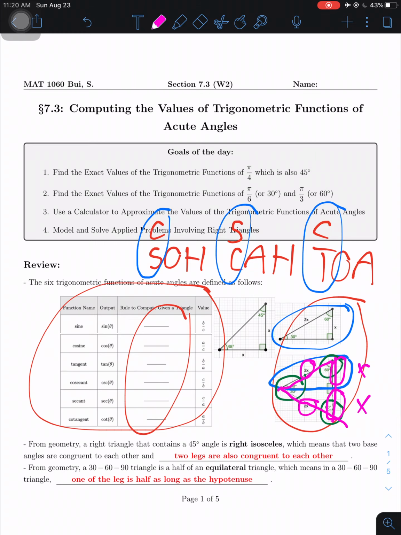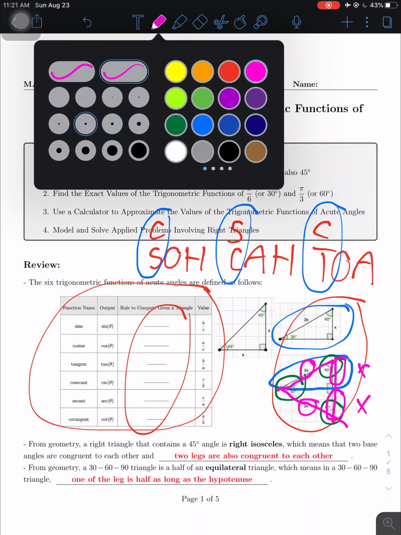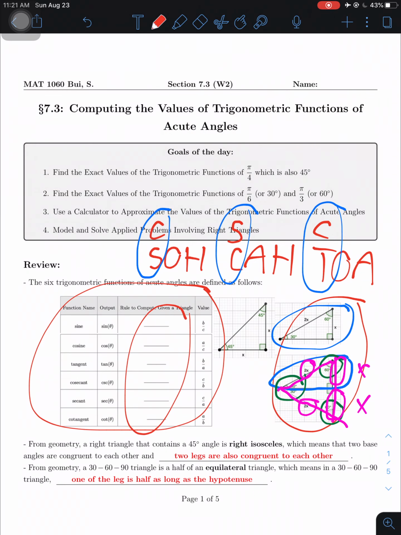Alright, so just imagine if you have a right triangle, which is the top half of the equilateral triangle, like here. We know that one angle in here is 60 degrees already. The right angle we have is 90 degrees. So 90 plus 60, we have 150 degrees, right? And in a triangle, the sum in here is 180.